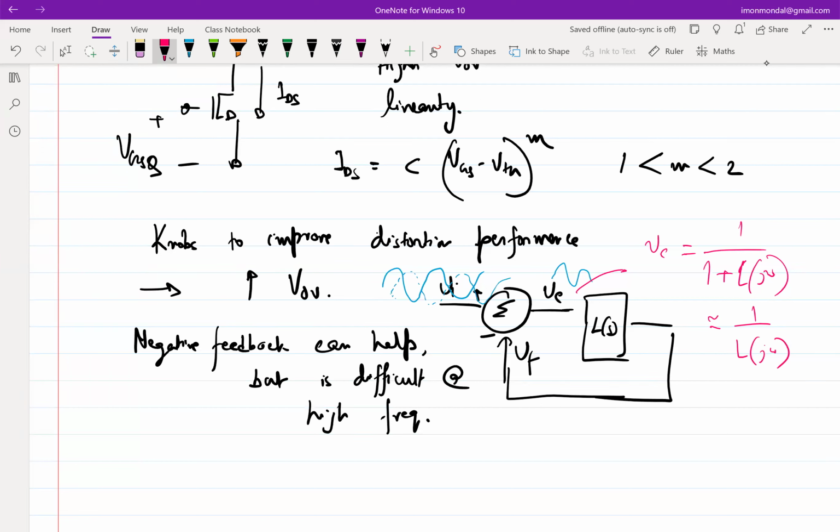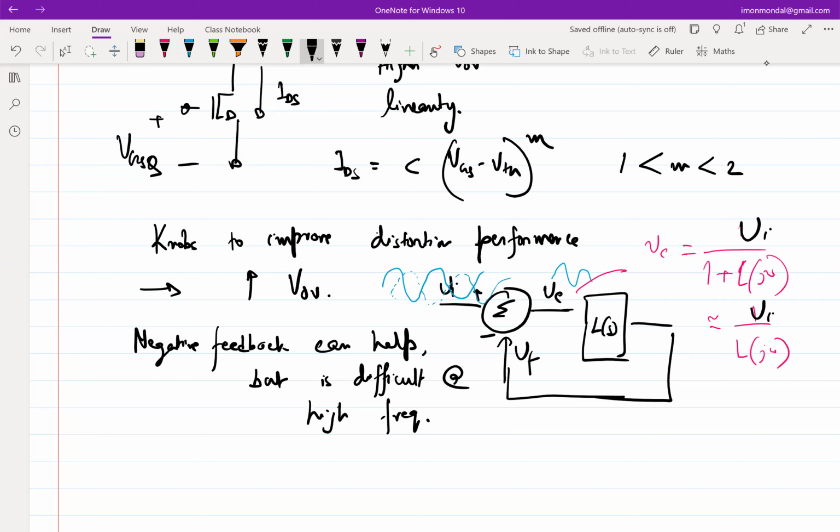So the point that I was trying to make is that if L is like 60 dB or something, then there is no issue, right? But if L is 20 dB, which means a gain of 10, then the swing here, VE, is basically only 1/10 that of VI.